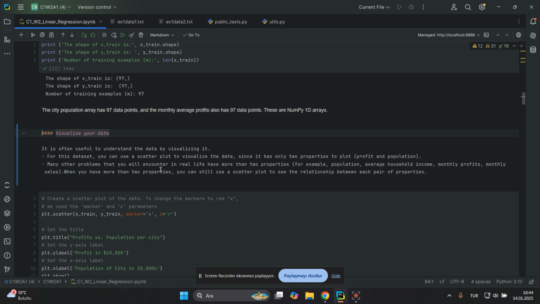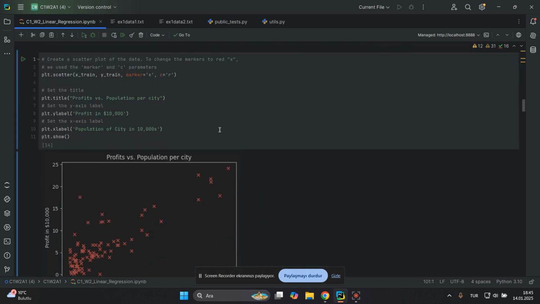Many other problems that you will encounter in real life have more than two properties, for example population, average income, monthly profits, monthly sales. When you have more than two properties, you can still use a scatter plot to see the relationship between each. Let's run it.